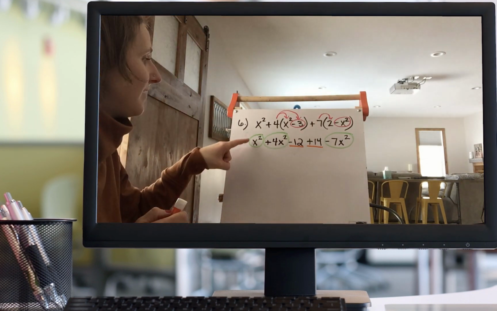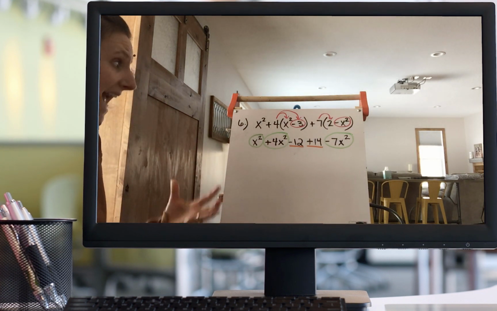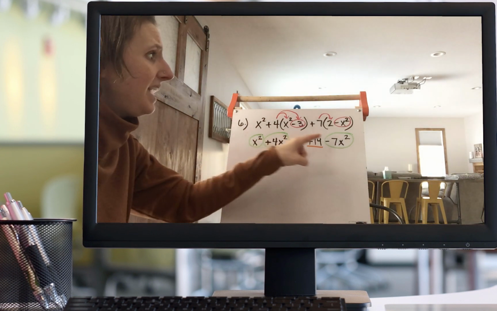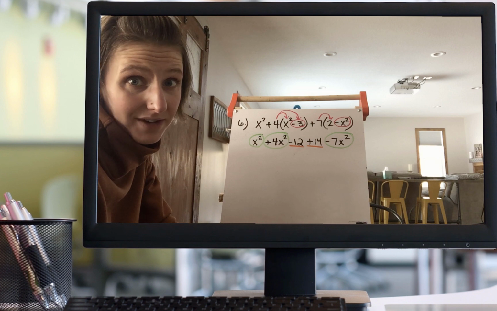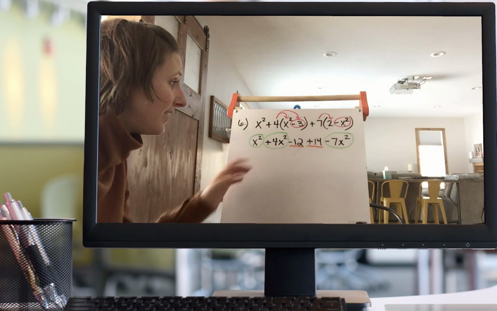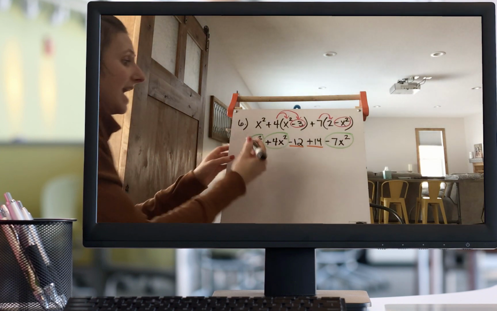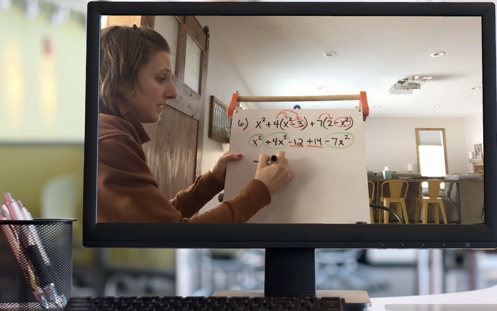All right, so we have x squared plus 4x squared. How many x squareds do we have? That would be 5x squared, right? Then I'm taking away 7x squared. I'm clearly not going to have a positive x squared left. So 5x squared minus 7x squared is going to give me negative 2, right? Minus 2x squared.